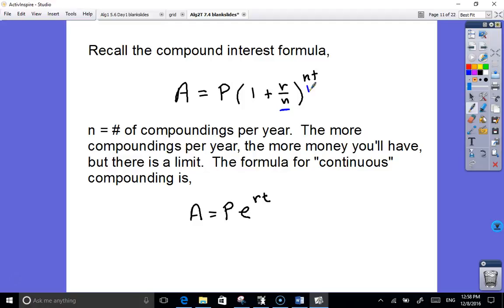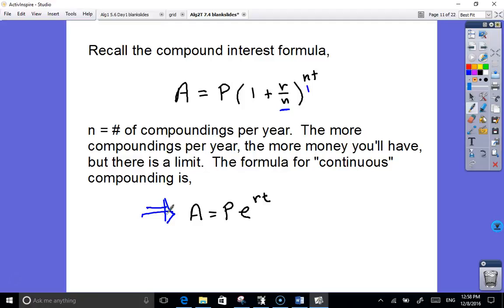There is a limiting factor, which you get if you do what's called continuous compounding. It's not even enough to say we're going to compound every second, which is kind of ridiculous to even think of. It's even more than that: you're in a continual state of compounding. When you do that, this formula turns into this formula right there: the amount you have is the principal times e to the rt.